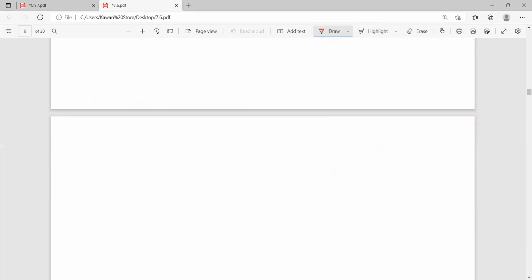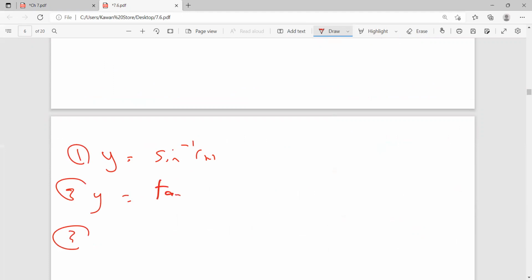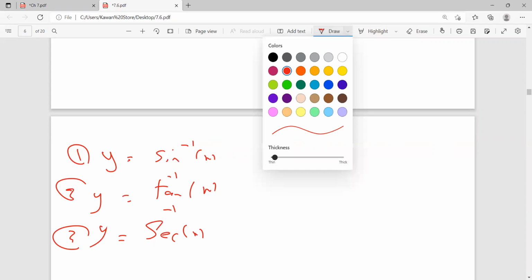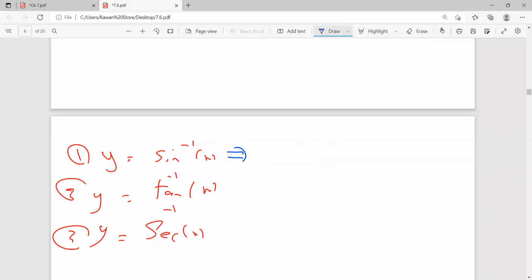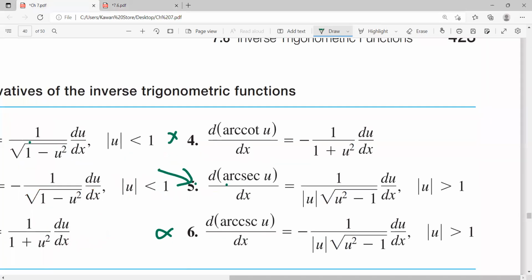So that's why I told you to do like that. I'm going to give you the clue. First, y equal to sine inverse of x. Careful. y equal to tan inverse of x. y equal to secant inverse of x. Now I'm going to find the derivative. As I told you, we have the graph, domain and range. Now the derivative and integral are important, so I'm just going to give you the rules that we have here.